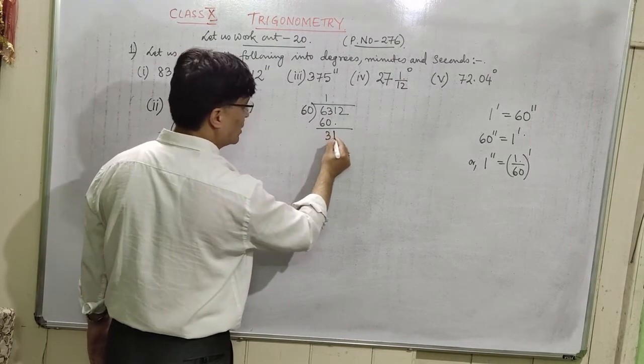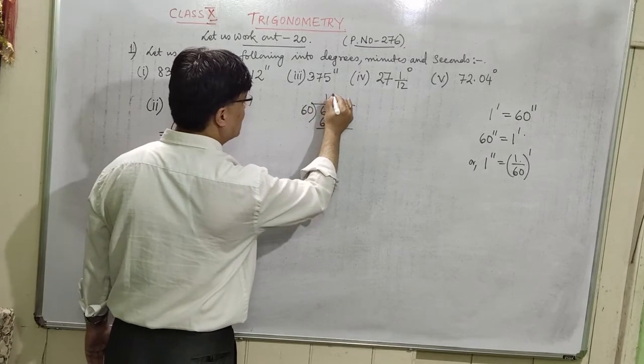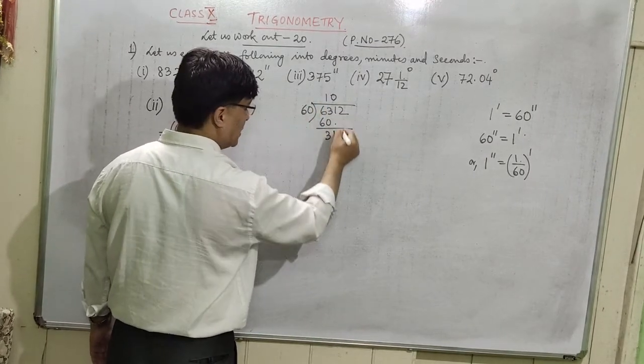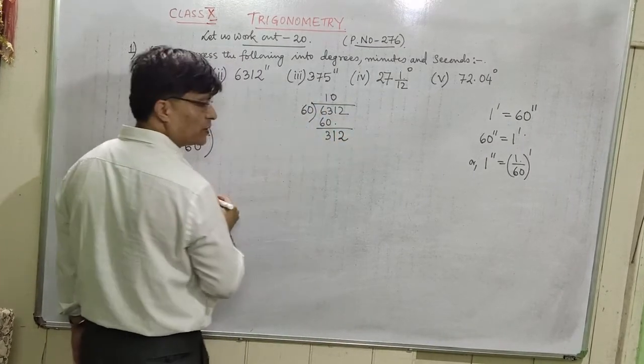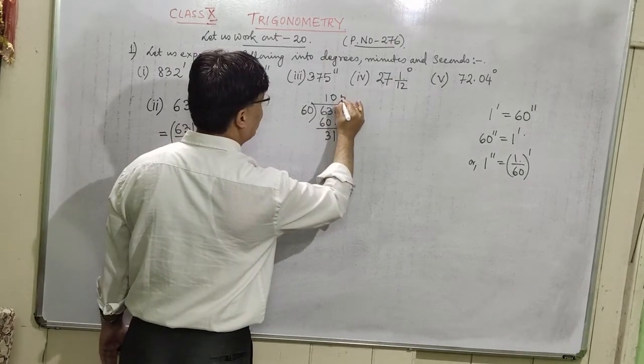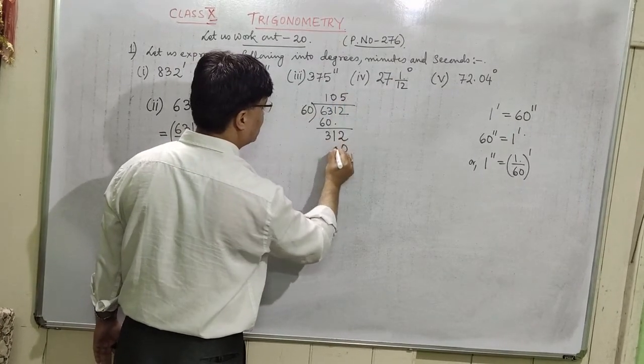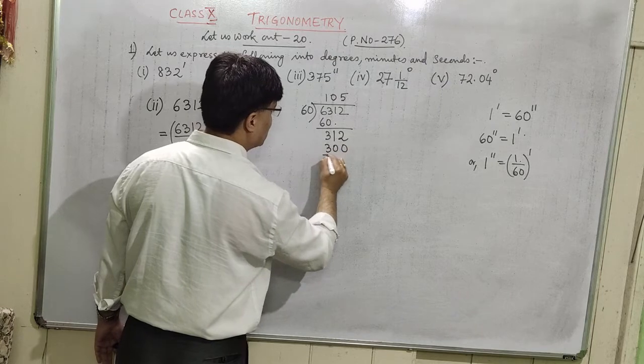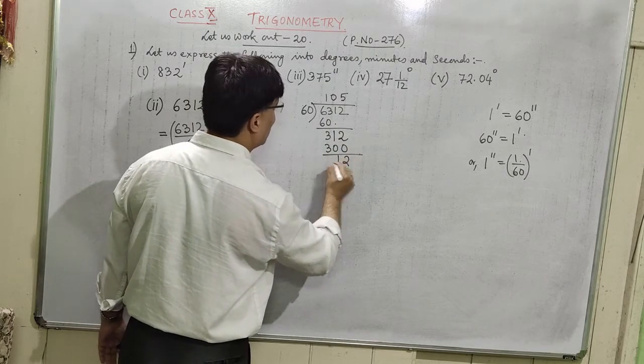Then comes 1, so 31 cannot be divided by 60, so 0. Then again 2 comes. Now it goes 5 times. 5 zeros are 0, 6 5s are 30. Is that clear?